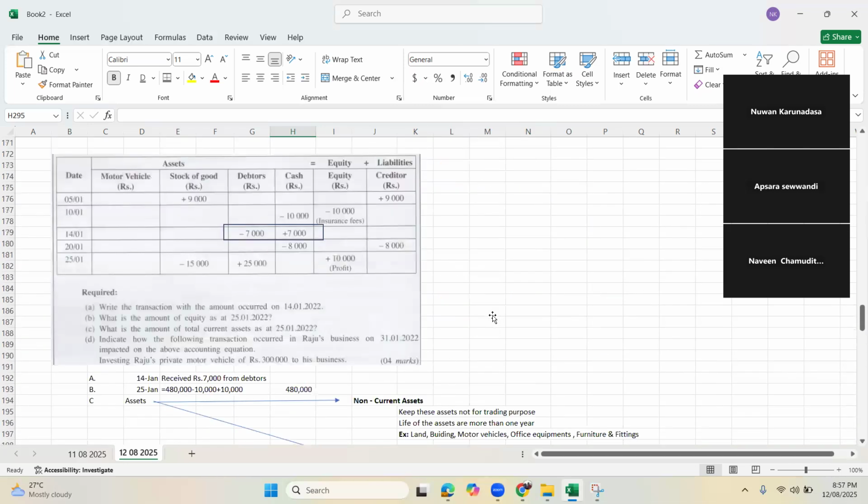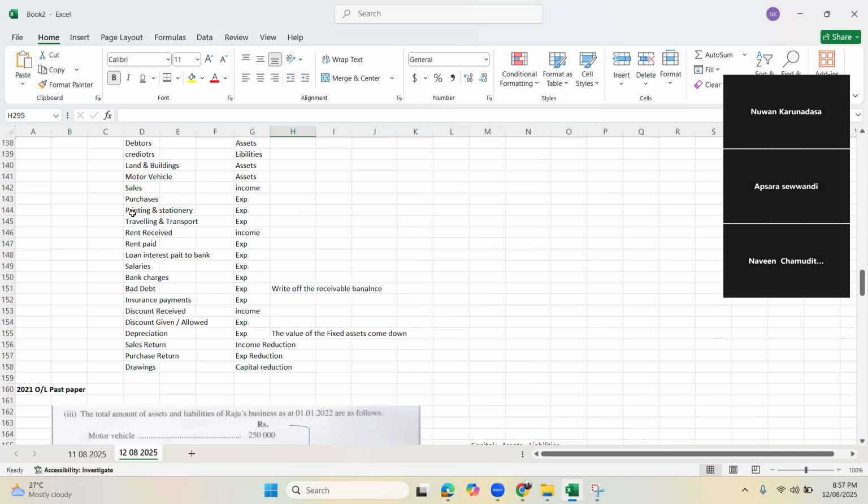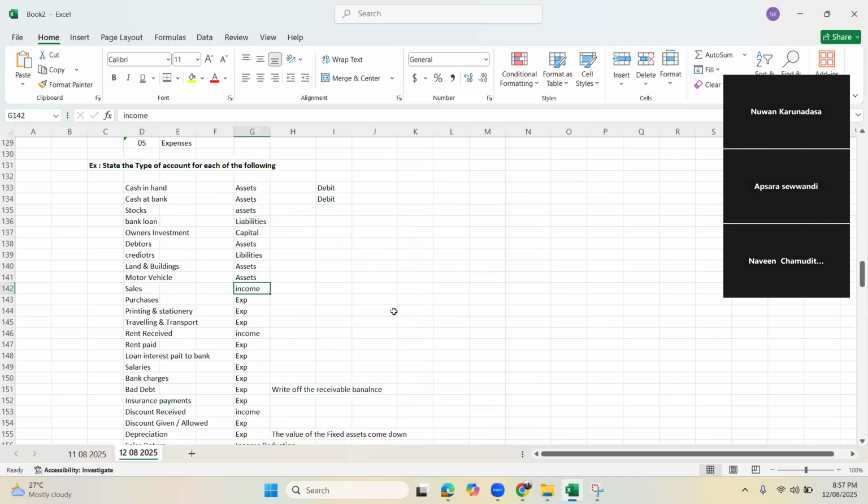Right. Then sales is income. Which balance do you expect? Credit. Then travelling and transport expense, which balance do you expect? Debit. When you hear any type of account, whatever the account name, you should be able to guess which balance it has.